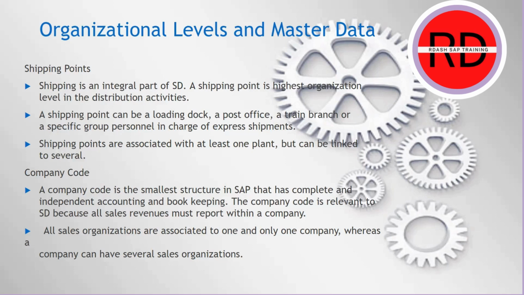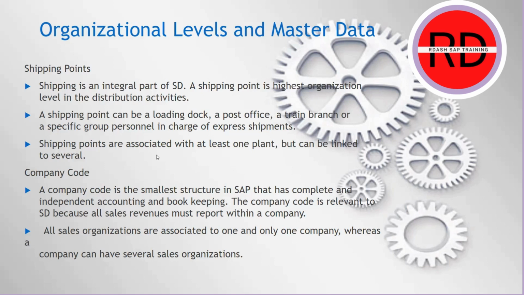That means the logistics activities, carrying material through different transporters, road transport or rail transport likewise. So for the delivery order creation, a shipping point is required. Shipping point is very much required in the creation of the delivery order.